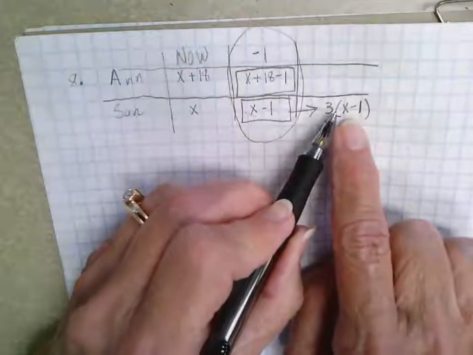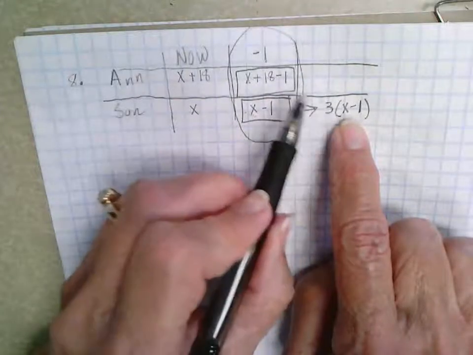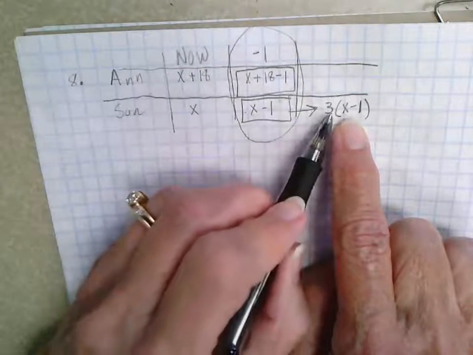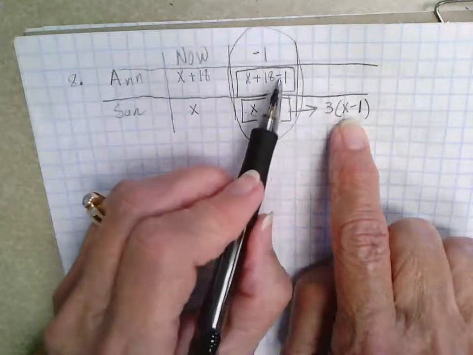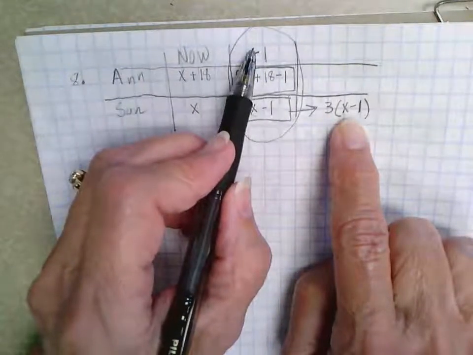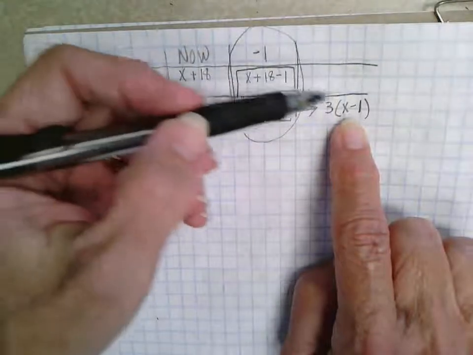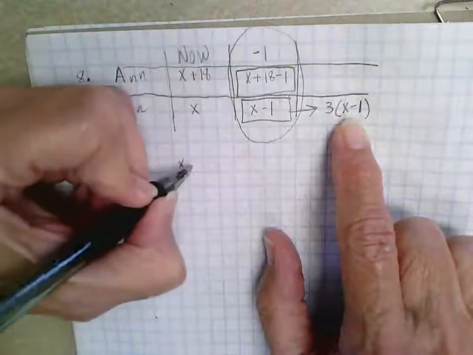But we have to multiply this one by 3 first. It makes sense that Anne would be older. So we're going to take the son's age and multiply it by 3 to get it equal to Anne's age 1 year ago. So I'm going to take this expression and this one and set them equal to each other.